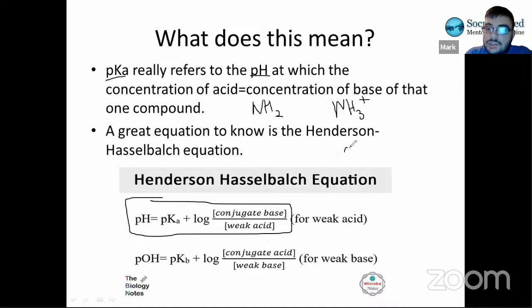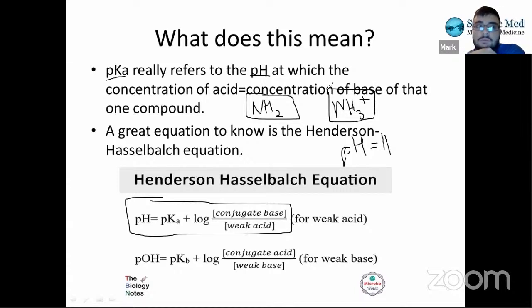So at pH 11, in a solution of just these molecules, half of the molecules will be in this form, and exactly half of the molecules will be in this form. You never really see a solution where all of the molecules are only in acid form or only in base form.